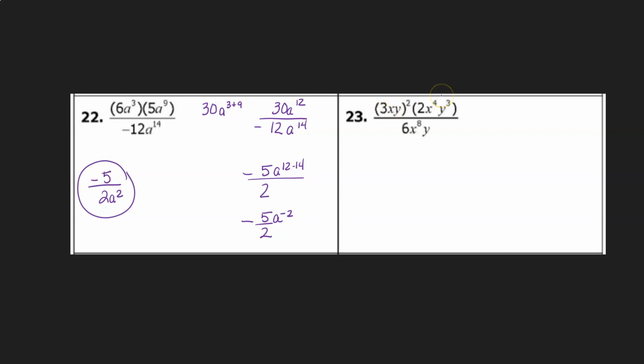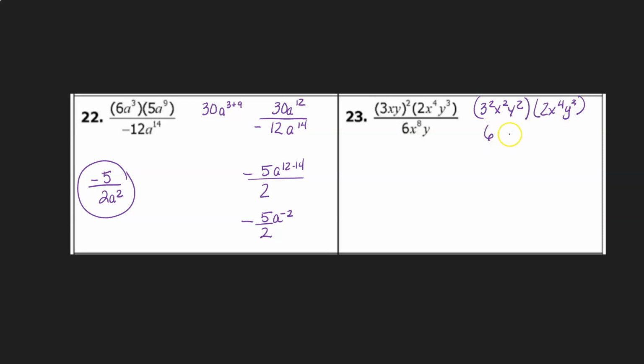Okay, let's see what's going on in the numerator here. So I have 3 squared x squared y squared times, I guess you really don't have to do anything. Now let's multiply those.